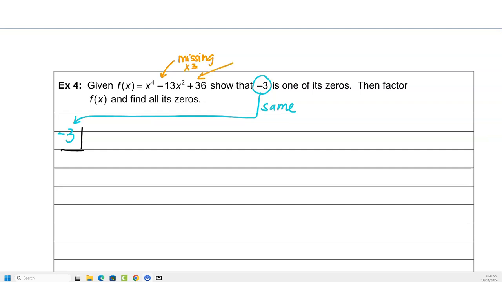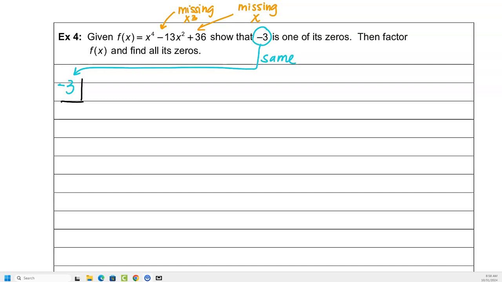It's also missing an x, right? So this is the 1 here. Bring down those values. So it's 1. It's missing the x cubed, negative 13, 0, and 36.